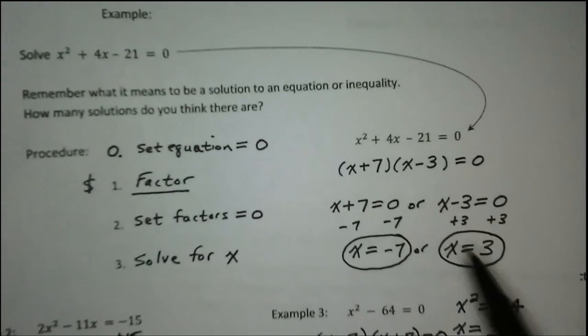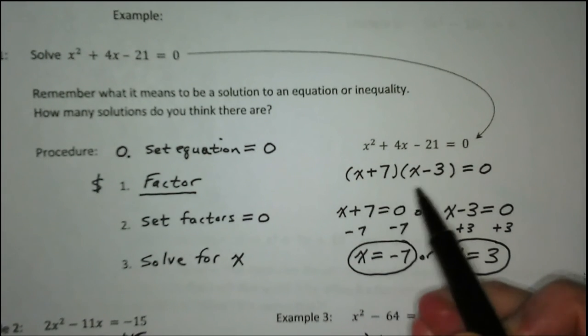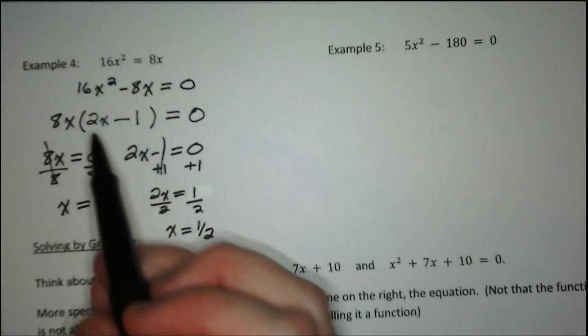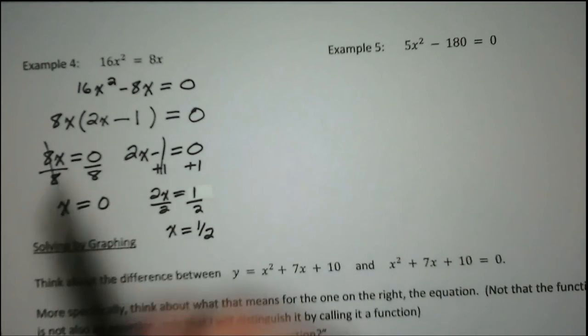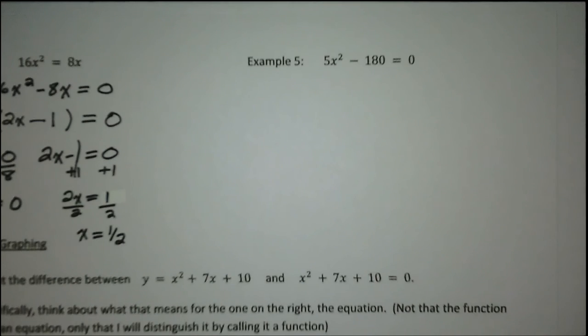It doesn't matter if those two factors are both bubbles, because you unfoiled, or it was a GCF factor and a bubble factor. Either way, you set both factors equal to 0, and then you can solve each of those separately. Last example.